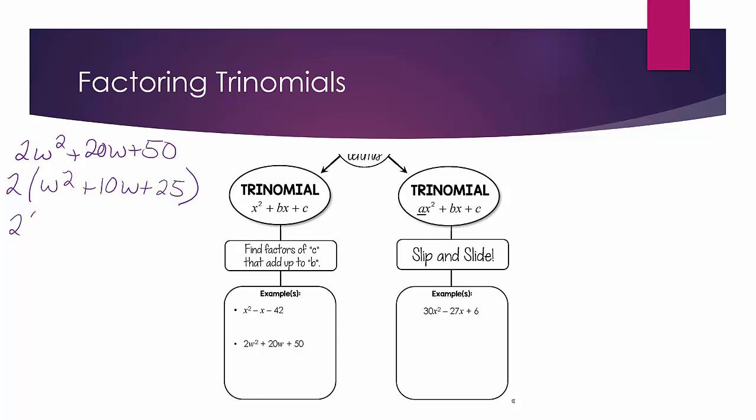So we're going to leave the 2 out, and we're going to immediately put these parentheses in. We're going to take the w, and we're going to take the w, because w times w is w squared. 25 is a perfect square. It's 5 and 5. We're dealing with a positive and a positive, so it's w plus 5 times w plus 5.